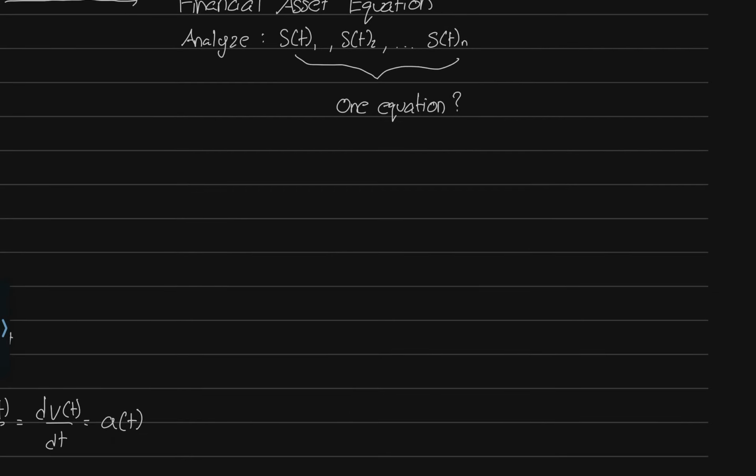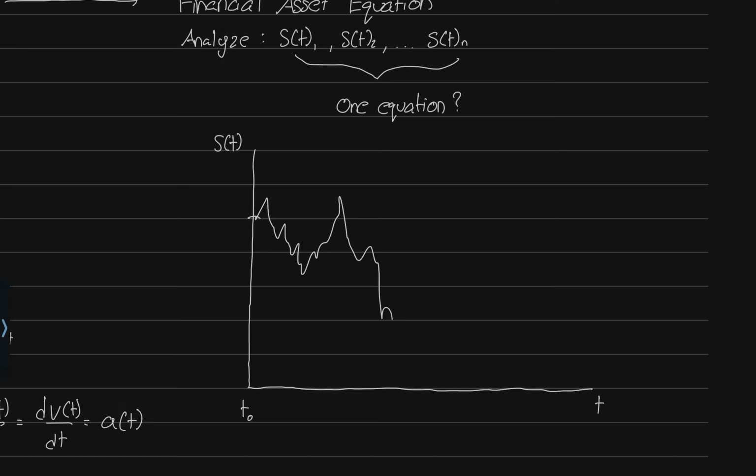Now, to get you guys to start thinking about how to do this, I will draw out a few financial assets. And obviously financial assets can't go negative either. And let's say this is going to be my starting time and the time axis, and this is going to be my stock price as a function of time. Now, I could start a stock here. This could be one sample path for the stock I so choose to analyze.